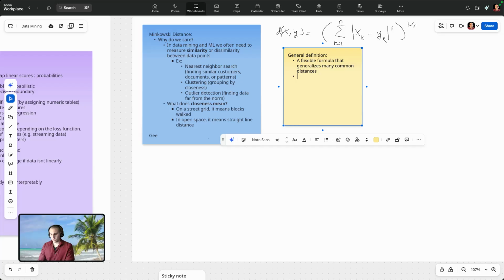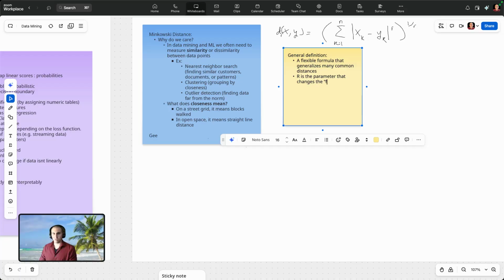And this formula is for 2 points, right? X is x1, x2, to xn, and y is y1, y2, to yn. R is the parameter that changes the flavor of the distance.